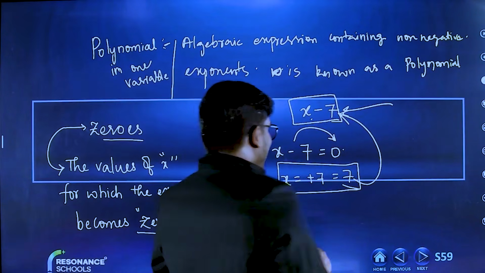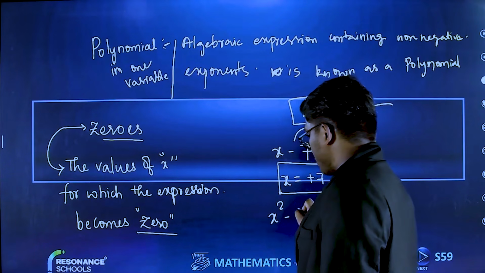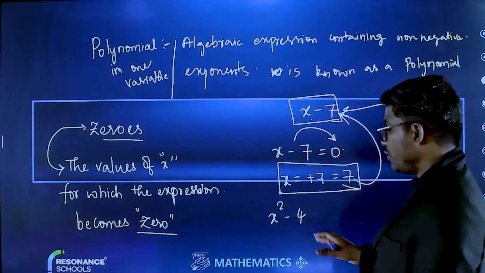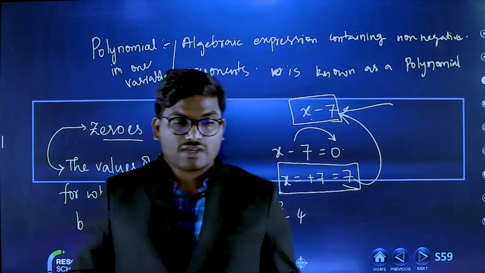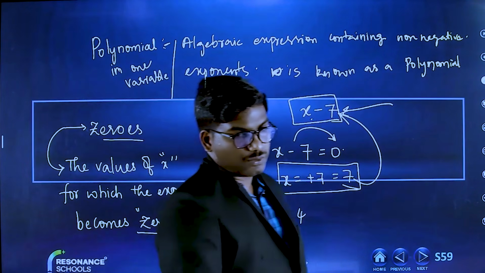Now similarly, if my expression is x square minus 4, I need to find the values of x for which this will become 0. How would I do that?